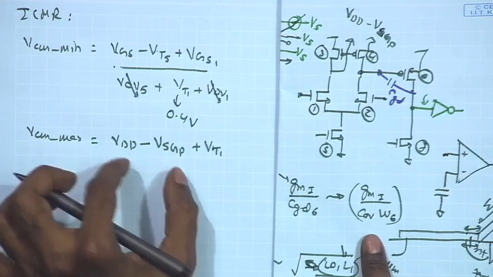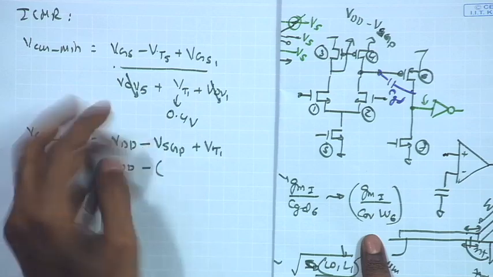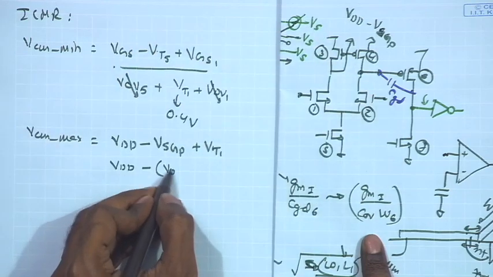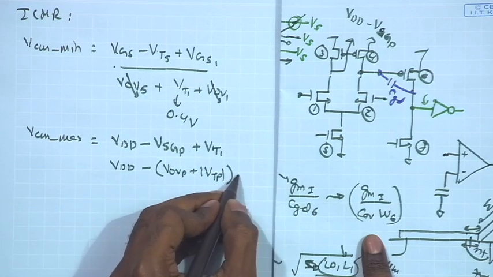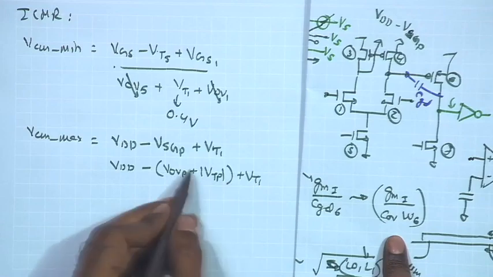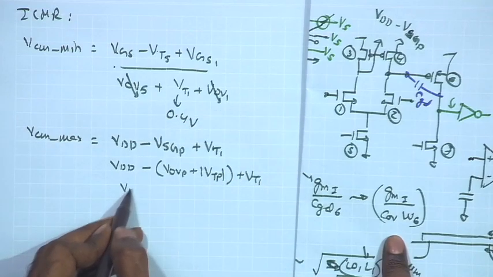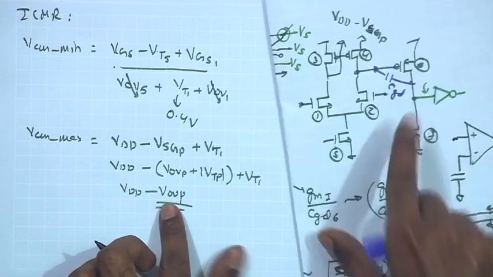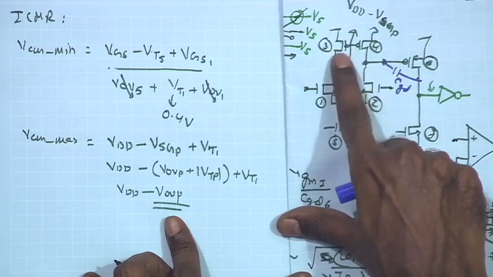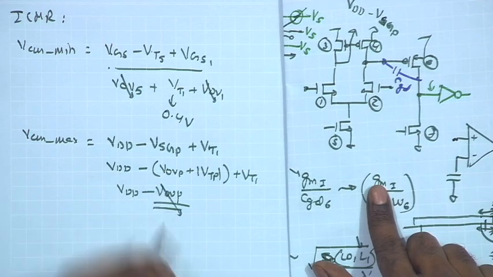we can represent this VSG as the V overdrive of P plus mod VTP, and I have VT1. So, if I assume that VTN or VT1 and VTP are almost similar, then I am left with just VDD minus V overdrive P. Therefore, if I choose the W by L of these two transistors sufficiently large, I can reduce the V overdrive significantly.